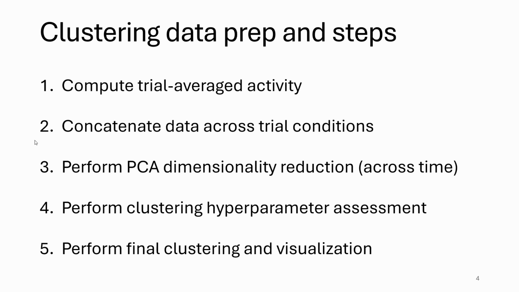Once you have those data prepared, we want to pump them through the actual machine learning algorithms. But before we get to the actual clustering, there's an optional step, which I think helps.